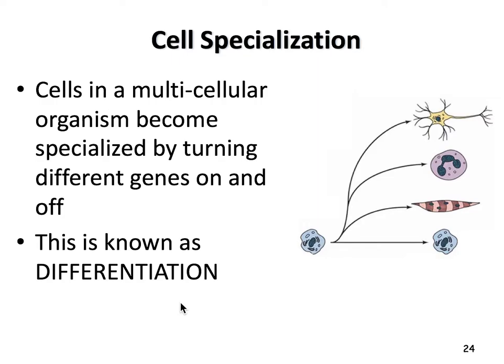They used specific parts of your DNA to become specialized, to have special shapes and special structures to do special jobs. So your stem cells, your early cells, differentiated into nerve cells, for example, and smooth muscle cells, and blood cells, and bone cells. And that is known as differentiation.